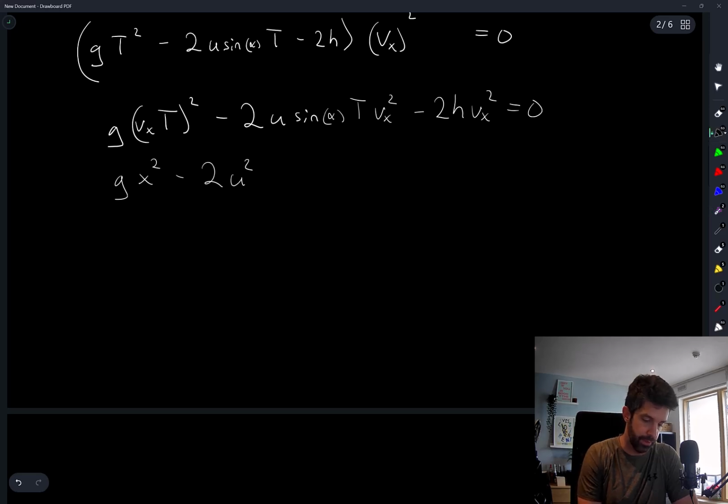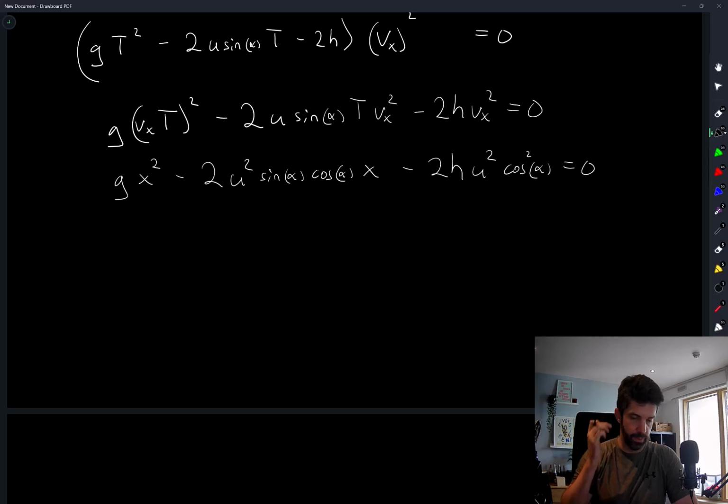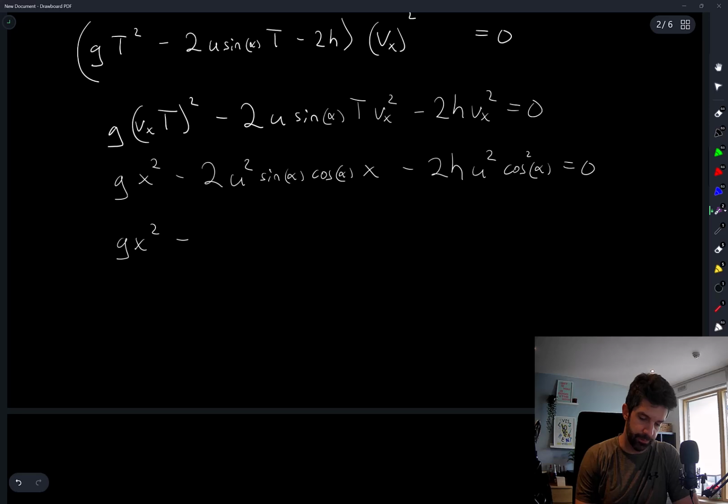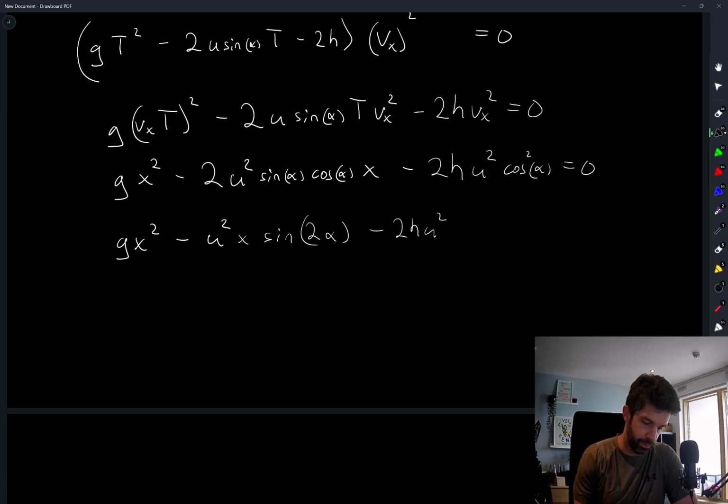So I have u squared sine alpha cosine alpha times x minus 2h u squared cosine squared alpha is equal to 0. Okay, so now gx squared minus 2 sine alpha cos alpha, that's equal to sine of 2 alpha. And here I have minus 2h u squared cosine alpha.